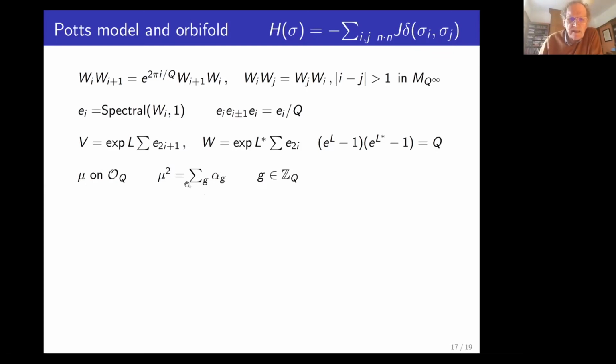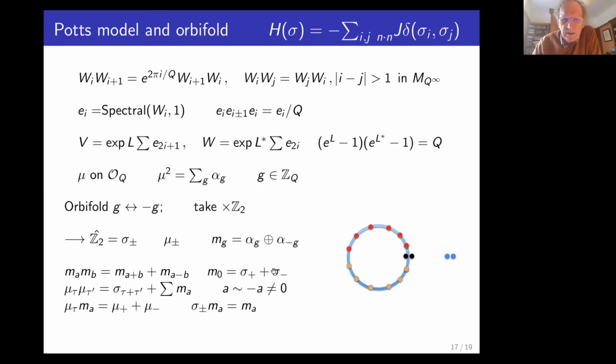Okay, as I said, this is not braided, but when we take the orbifold, which in the operator algebra language means taking a cross product or a semi-direct product with the Z2, we end up with these fusion rules here. So when I take this identification, I have to identify alpha_g and alpha_{-g}.